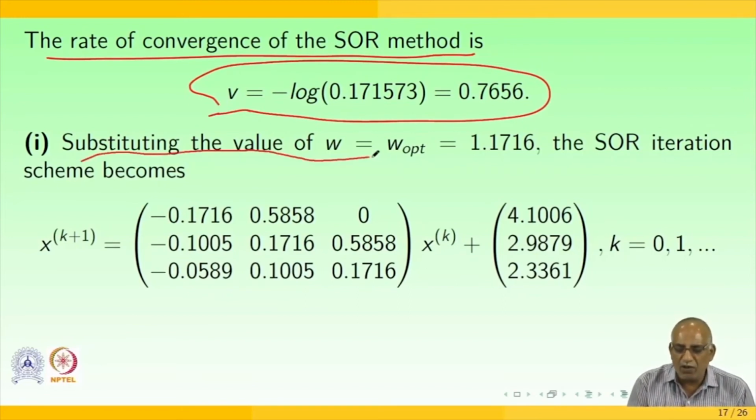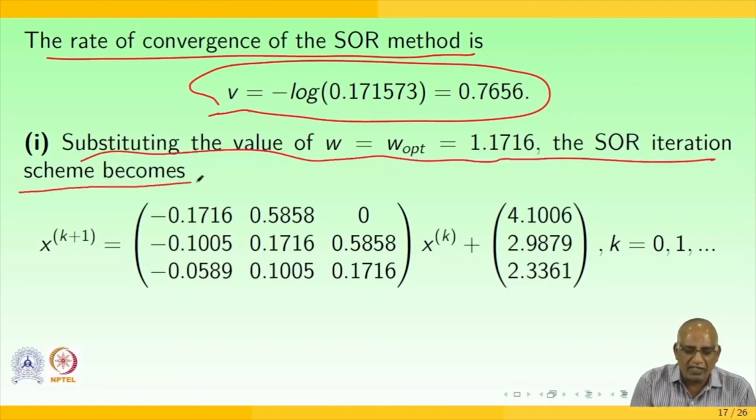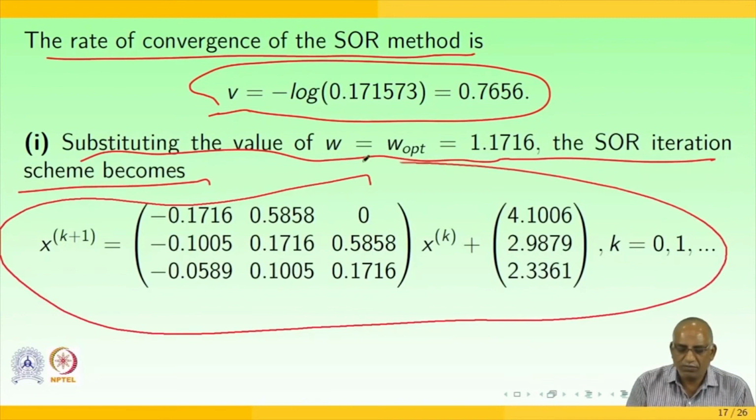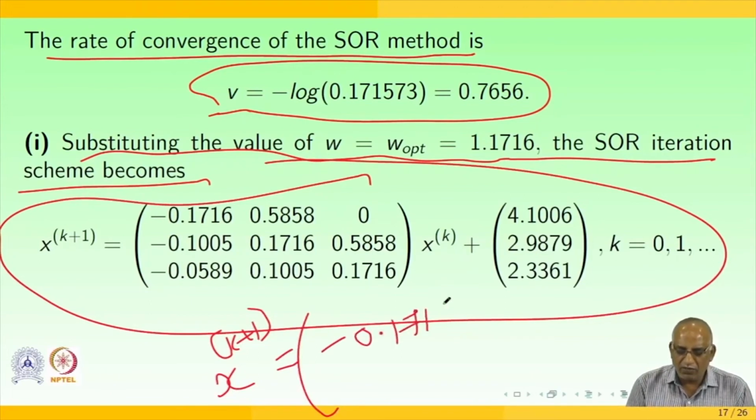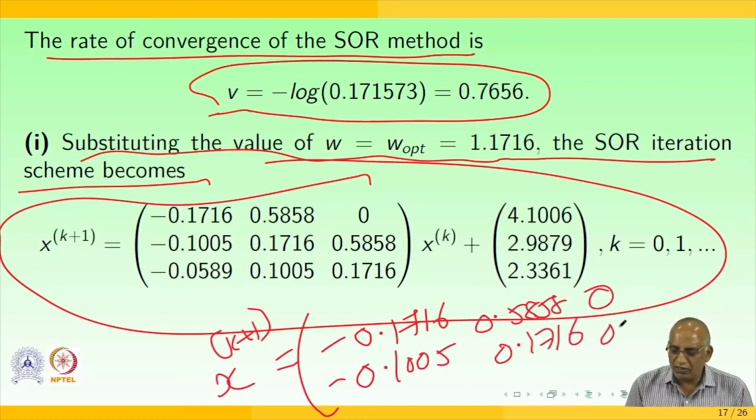Substituting the value of W optimal, 1.1716, the SOR iteration scheme becomes like this. That is x of k plus 1 is equal to minus 0.1716, 0.5858, minus 0.1005, 0.1716, 0.5858, minus 0.0589, 0.1005, 0.1716.